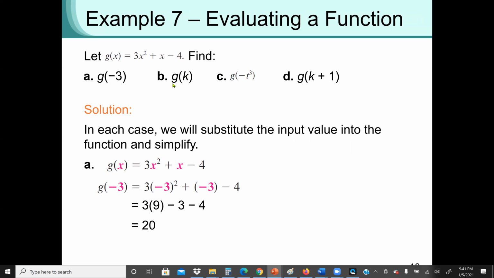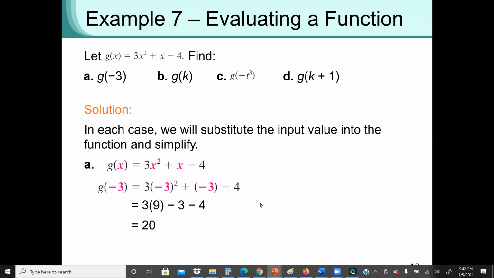Same thing if we are looking for g of k. It means anywhere we see x, we are going to substitute with k. The same for g of negative t cubed: anywhere we see x, we substitute negative t cubed. And for g of k plus 1, anywhere we see x, we substitute k plus 1. So let's go to part b.